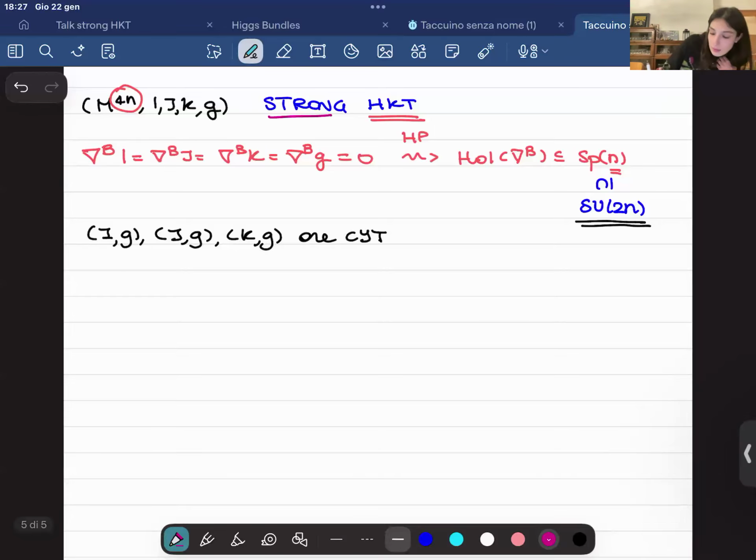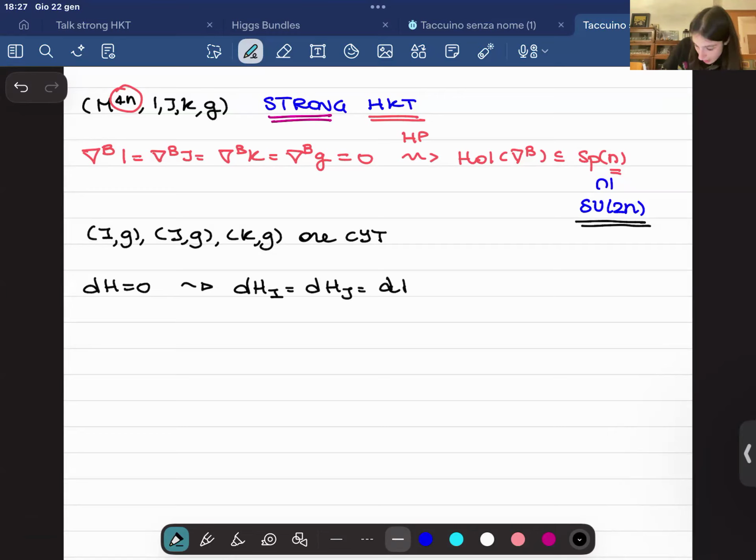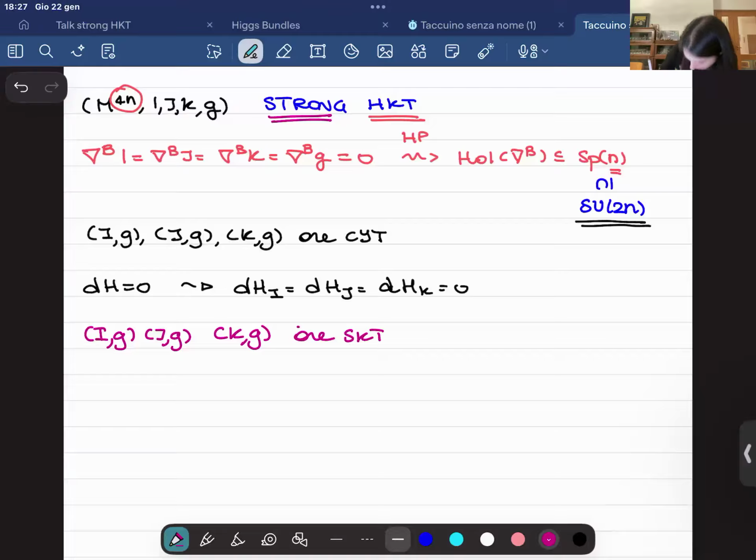On the other hand, if we consider the strong condition, then we have that the common Bismut torsion is closed. So dH is equal to 0, which in turn implies that H_I, H_J, and H_K are closed since they are all equal to each other. And so each Hermitian structure here is KT.